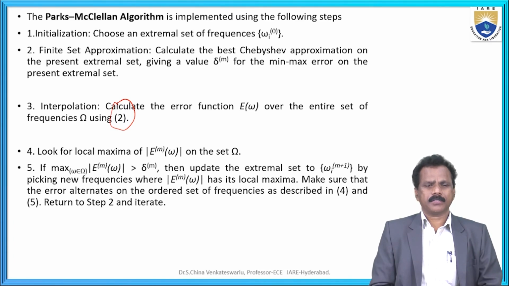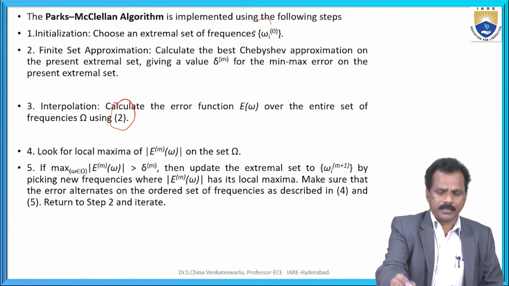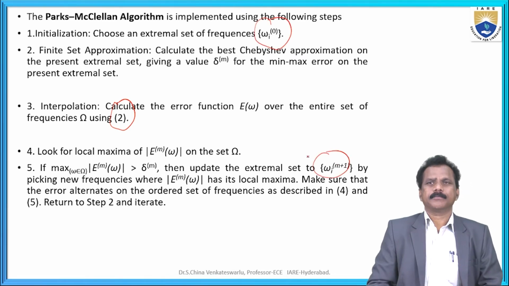Now coming to the fifth step, if the maximum of E m of omega is greater than delta m, then update the extremal set to omega E m plus 1. It is specified. You can easily compare step 1 and step 5.